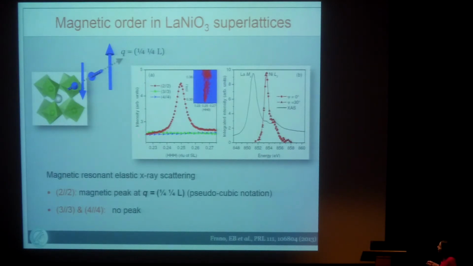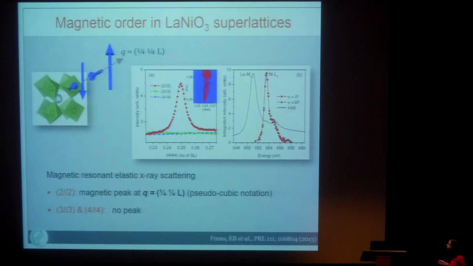This is the quarter L peak, which in this case is rather elongated, meaning there is no or only small coupling between neighboring lanthanum nickelate layers.